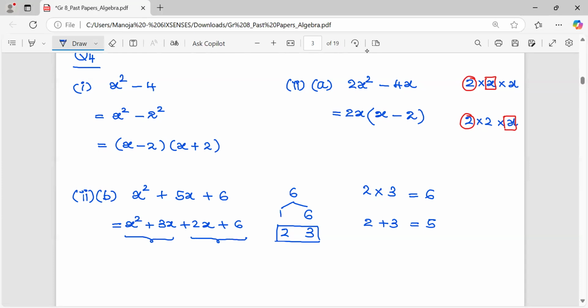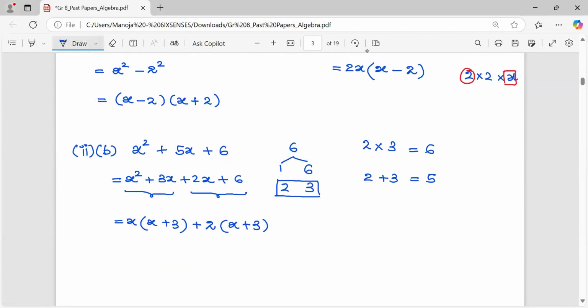So then I have x plus 3 and plus 2 and x plus 3. The x plus 3 I wrote 2 times. Therefore, I write here x plus 3 and then x plus 2.